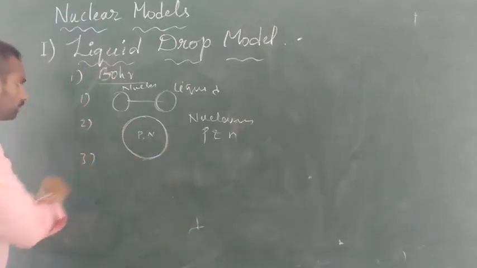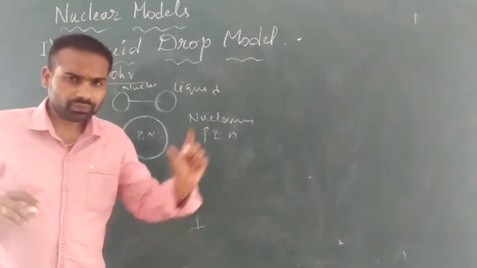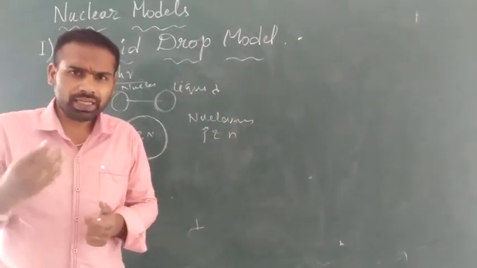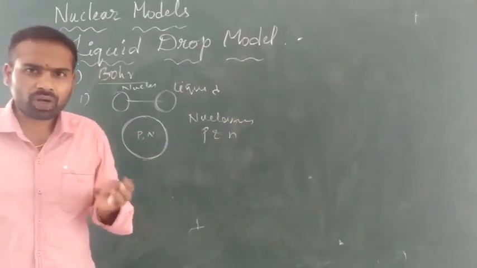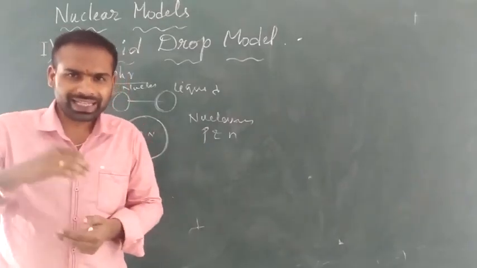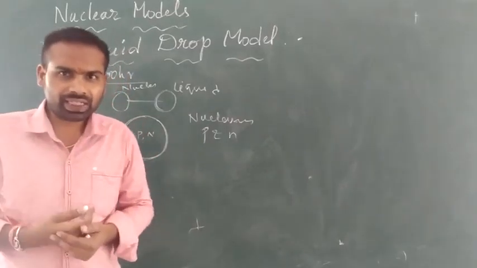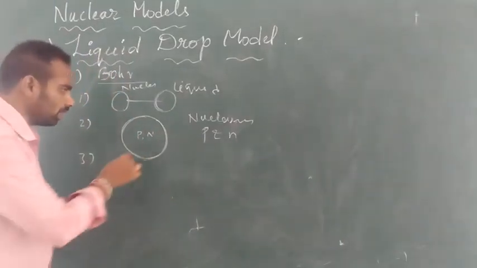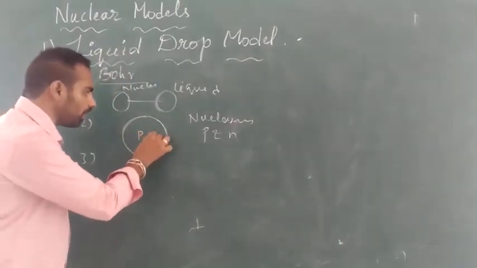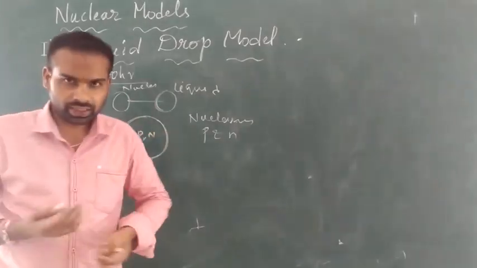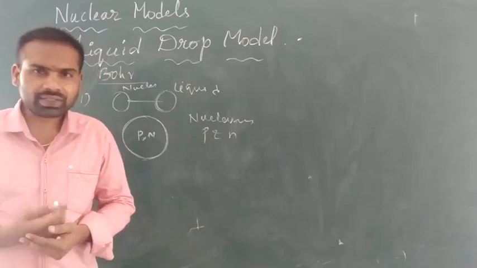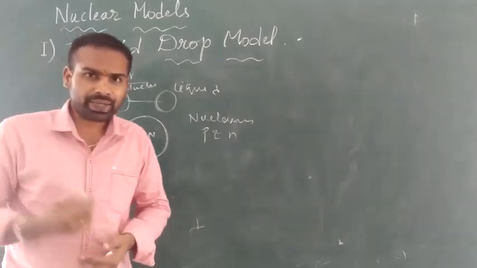Next point: the molecular motion of the molecules of the liquid gives the temperature of the liquid. Similarly, the protons and neutrons, the nucleons, moving in the spherical enclosure will give the nuclear temperature.